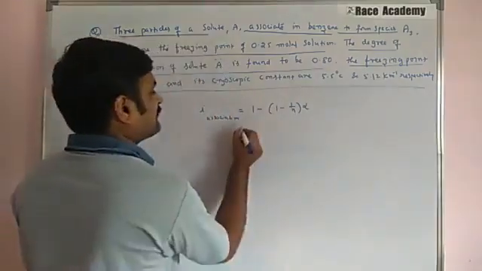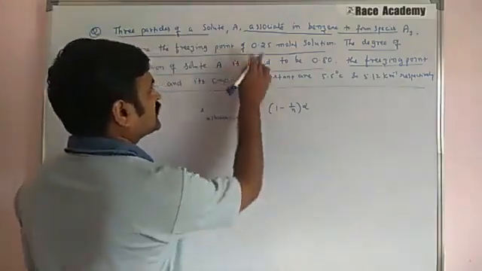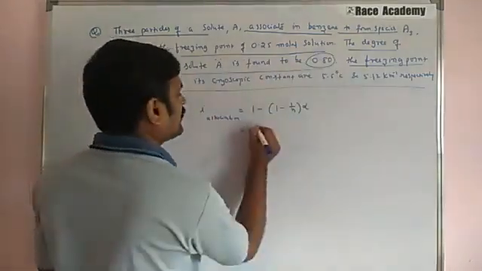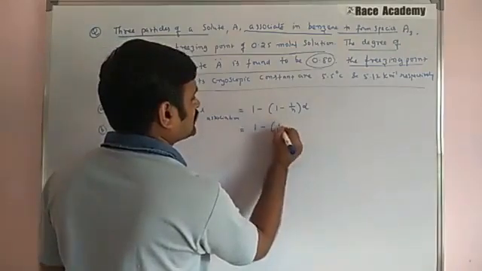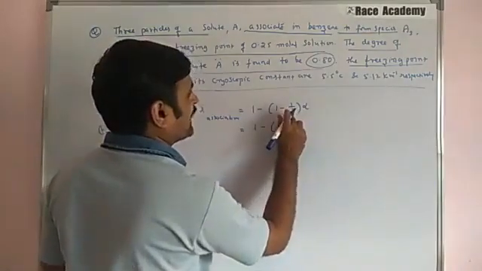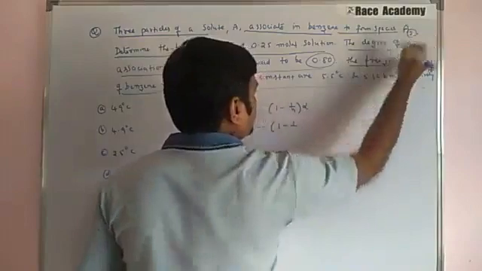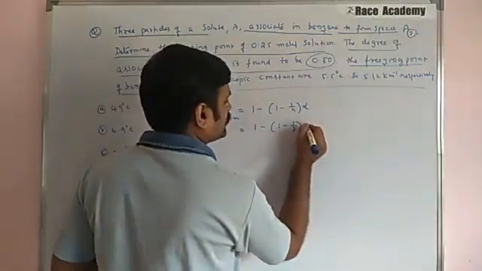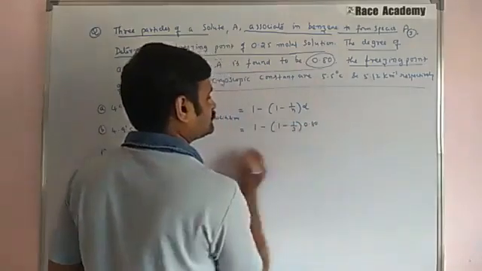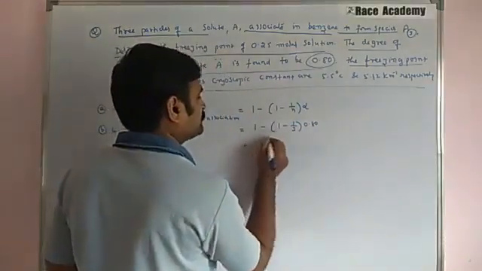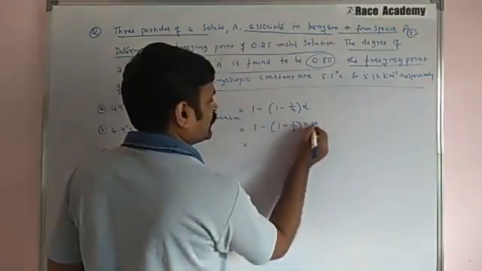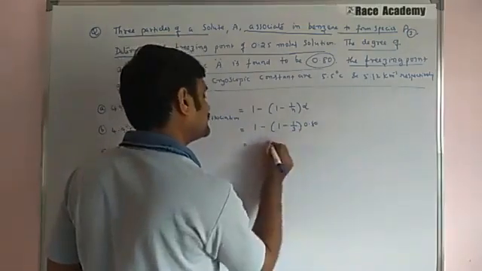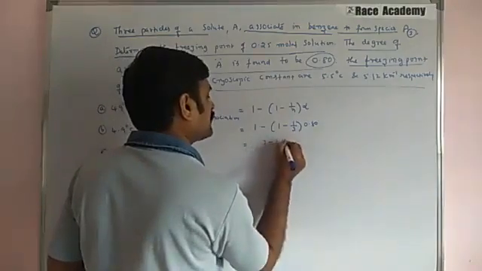They give the alpha value as 80%, and n is 3 since it is A3. So it is 1 minus 2 by 3 into 0.80. Here 2 into 0.8 is 1.6, so 3 minus 1.6 by 3.